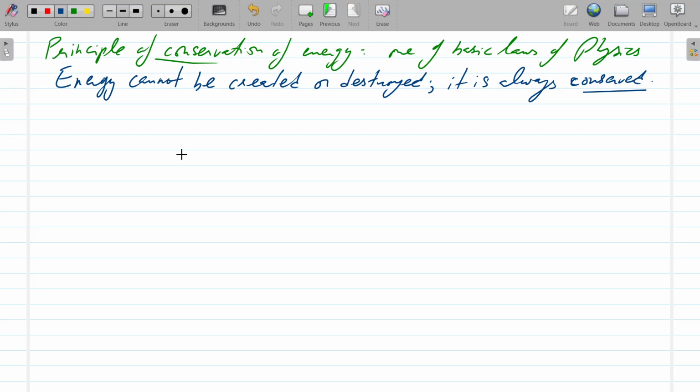Right, and so when we're talking about conservation, just like we talked about conservation of momentum yesterday, that means that the total energy of a system is always the same.